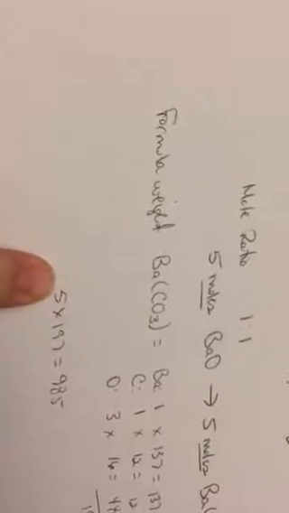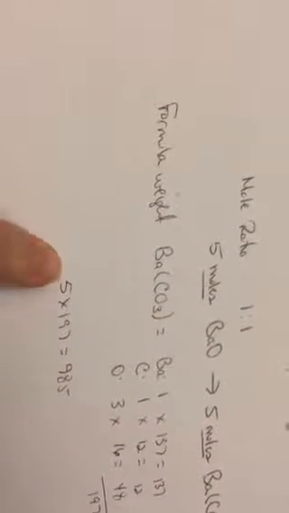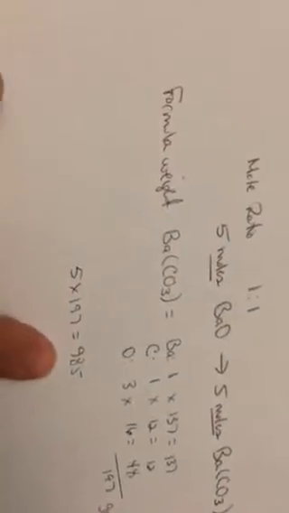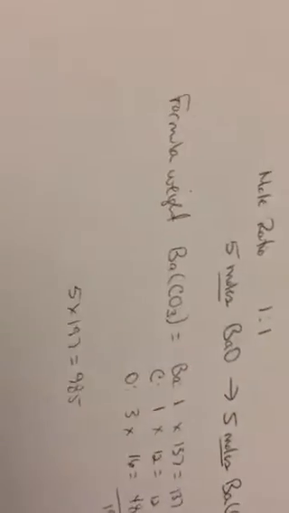You take the 197 grams and you multiply it by the amount they're looking for. The question said, if you begin with 5 moles of barium oxide, how many grams of the carbonate? It's a 1 to 1 ratio, so 5 times 197 gives you the results. So give that a go.